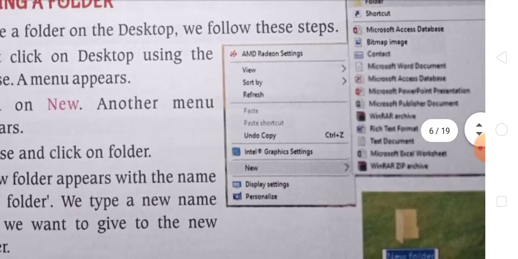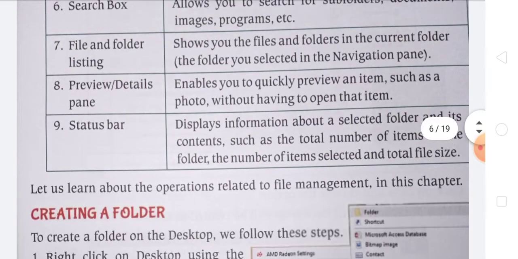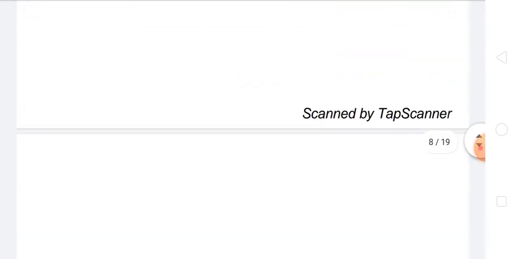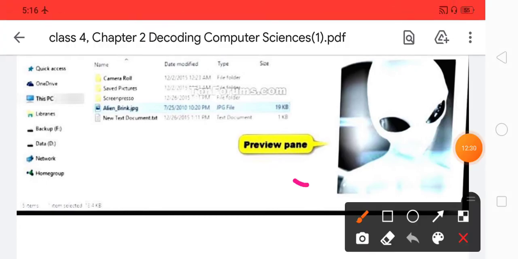Then after that, the next one is the file and folder list. We already saw that. Then after that, the preview details pane. Here you can see the preview details pane. This one.